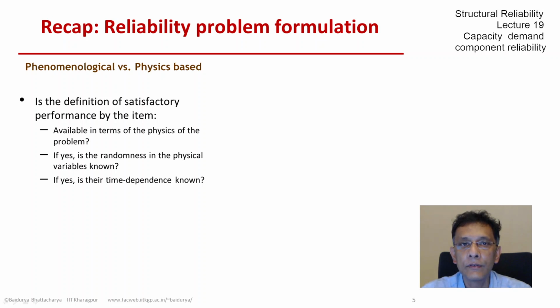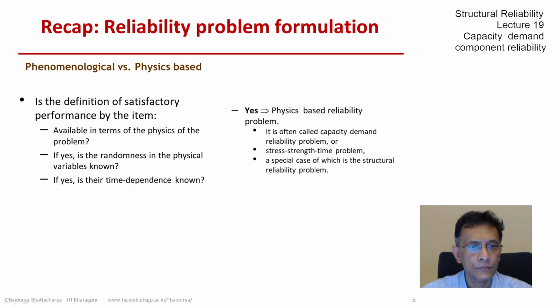Is it available in terms of the physics of the problem? In our case, since we are dealing with structures, the underlying mechanics. If so, do we know the randomness involved, including the time dependence, if we have time-dependent processes? If the answer is yes, then we have a physics-based reliability problem.